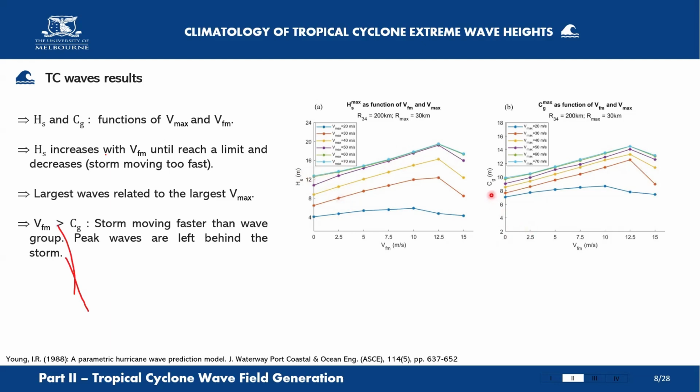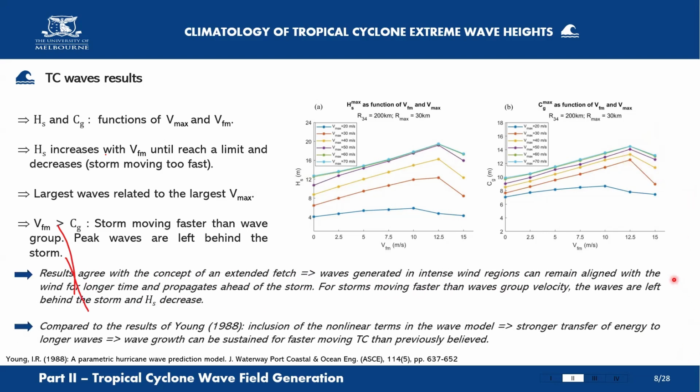On the right, we have the wave group velocity on the vertical axis, also as a function of the velocity of movement. When the velocity of movement is greater than the wave group velocity, the storm is moving faster than the wave group, and the peak waves are left behind the storm.